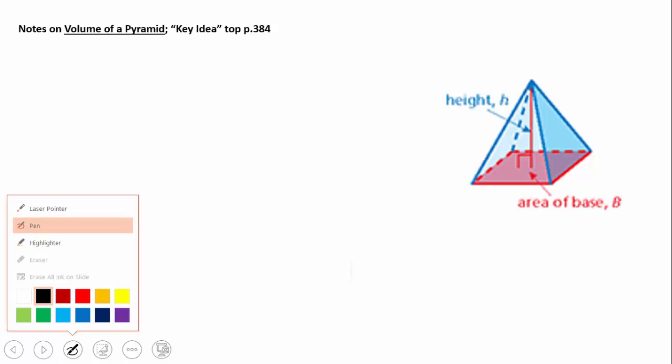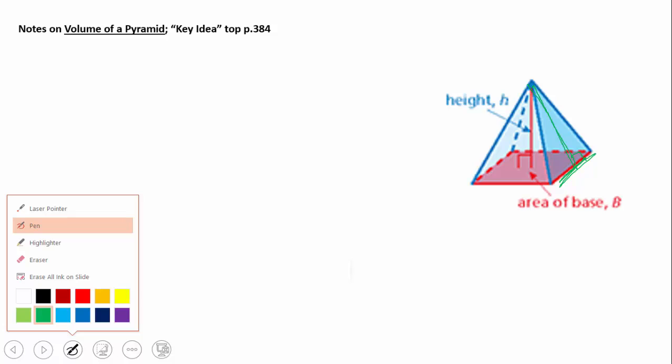If you remember, the slant height of a pyramid was the height of the triangular lateral face, right here, that went from the base of the pyramid to the vertex. Well, now we're talking about the height of a pyramid because we want to find the volume. The height is a perpendicular line from the vertex to the base shape of the pyramid. That is the height. Very important.